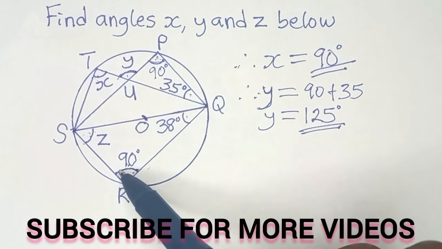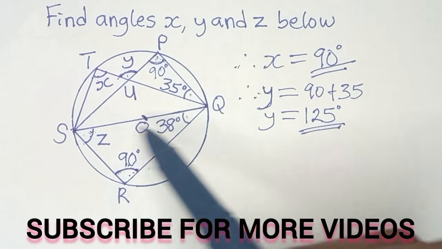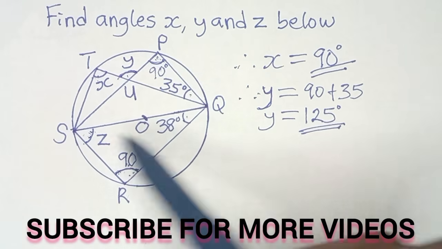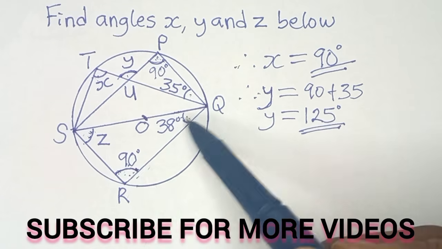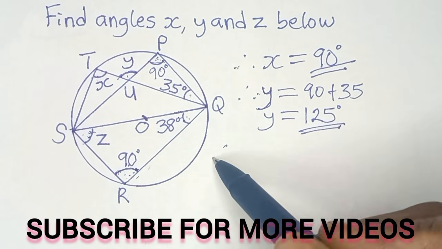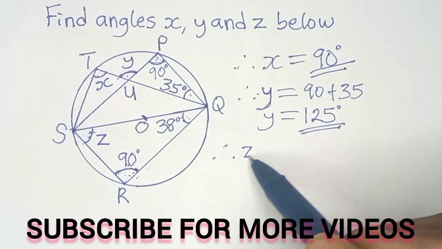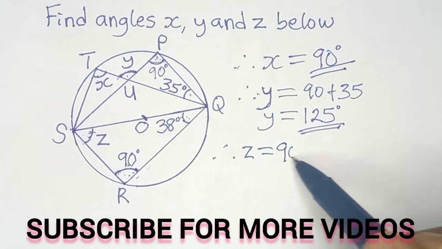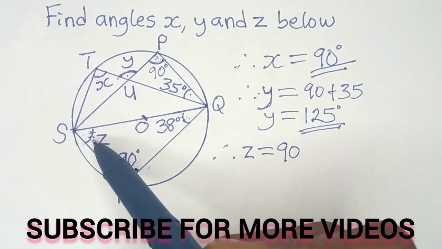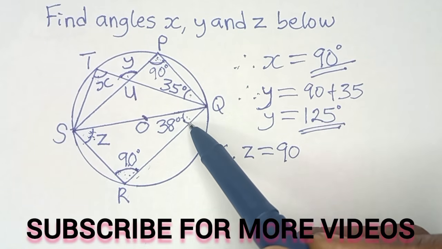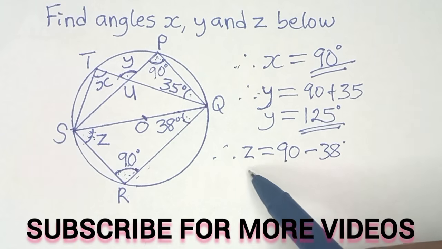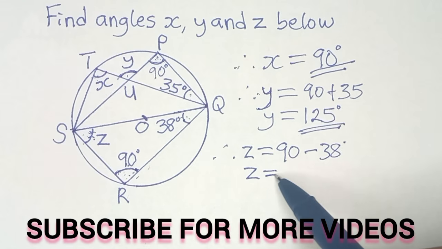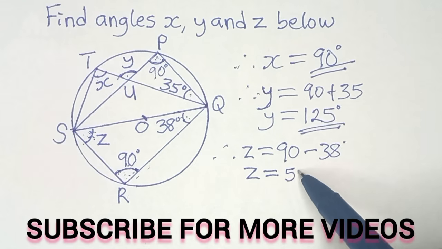So the sum of the other two angles is also 90. So angle Z is found by subtracting the other from 90: 90 minus 38 degrees gives us angle Z as 52 degrees. And that's the final answer.